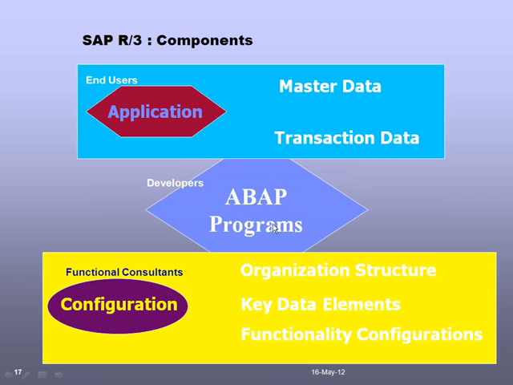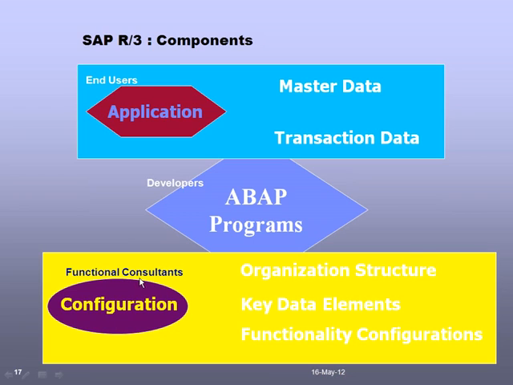But who will create these things? ABAP programs are created by the developers. So what is the basis for a program to work? You have to have something called an organizational structure available. You have to set up some key data elements. You have to set up some functionality configuration, or what we call process configurations, that need to be built. All these things are built by the functional consultants.